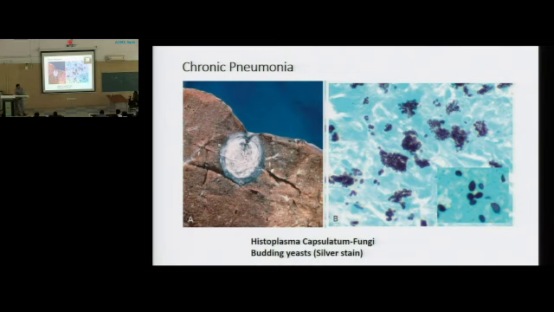You can see numerous budding yeasts with a special stain, silver methenamine. In histoplasmosis they will also form granulomas microscopically. The gross appearance is typical: a tree bark appearance, with concentric layers of fibrosis that mimic tree bark.